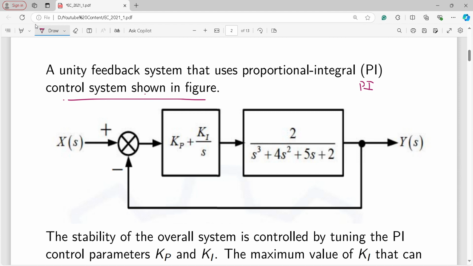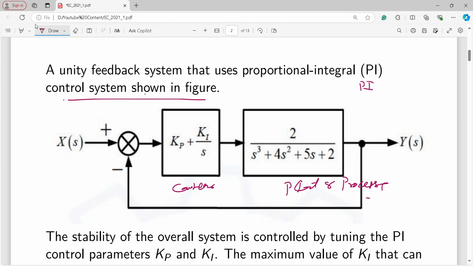In the figure, we can understand that they have given the controller Kp plus Ki by S. There are two variables, Kp and Ki, and this is my plant or process, for which we want to design the controller. This transfer function is generally called the plant or process.